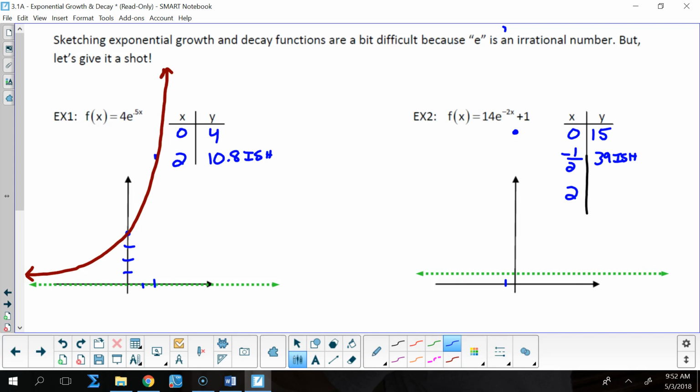I have to multiply that by 14 and add 1 to that, and that gives me 1.2564. So my function is going to come down and make a sharp turn.